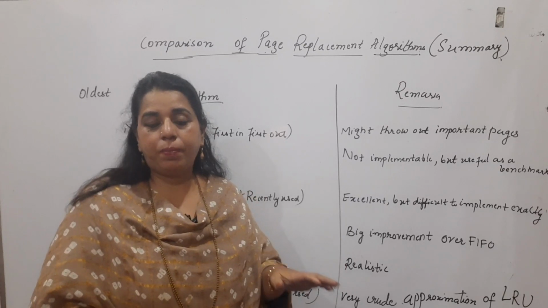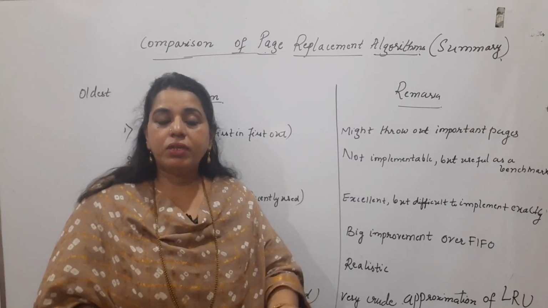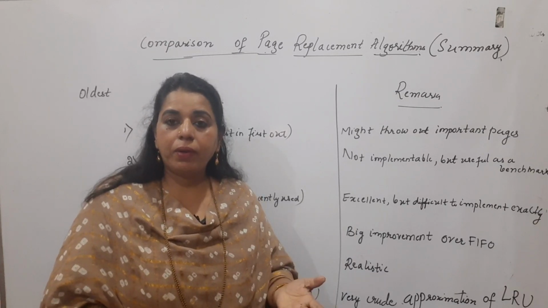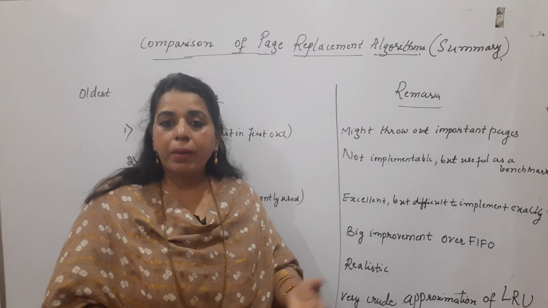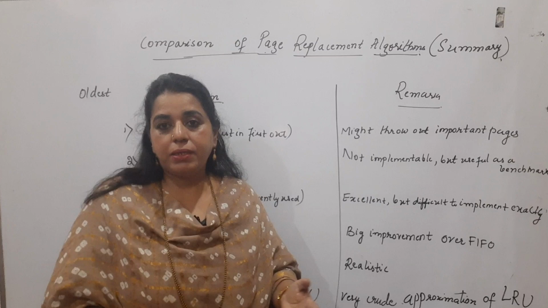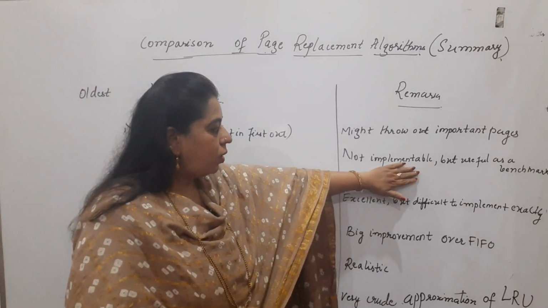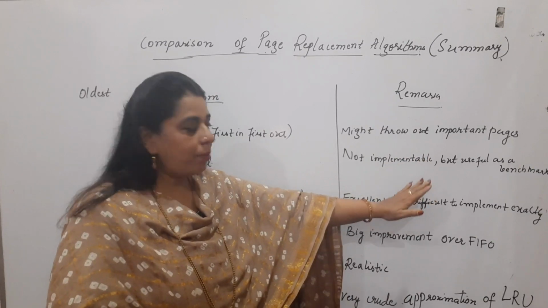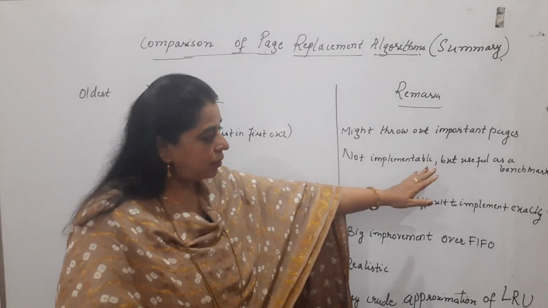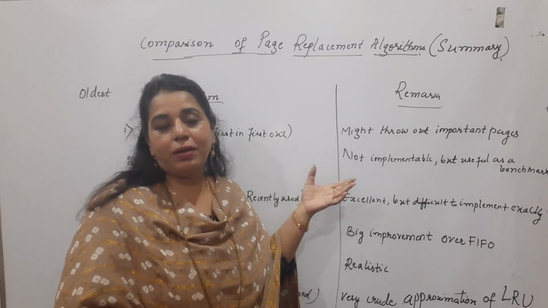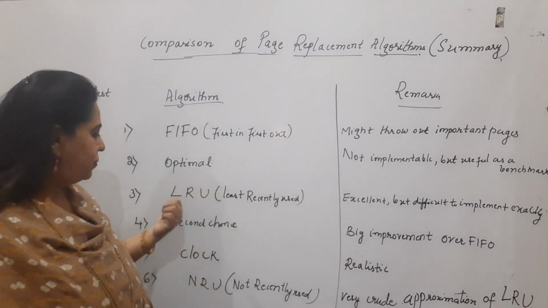Normally even the process itself will not know which pages will be used very late in the future, because it is only during runtime that some of the processes may request certain pages. So that's the reason this particular algorithm is not implementable. It is just theoretical, but definitely it is useful as a benchmark to compare the results with all other algorithms. This optimal can be used.